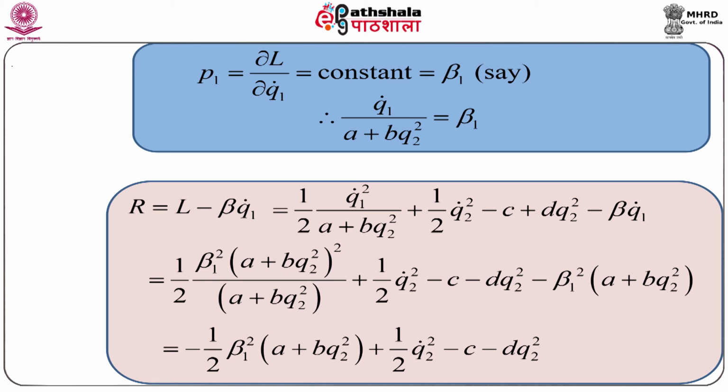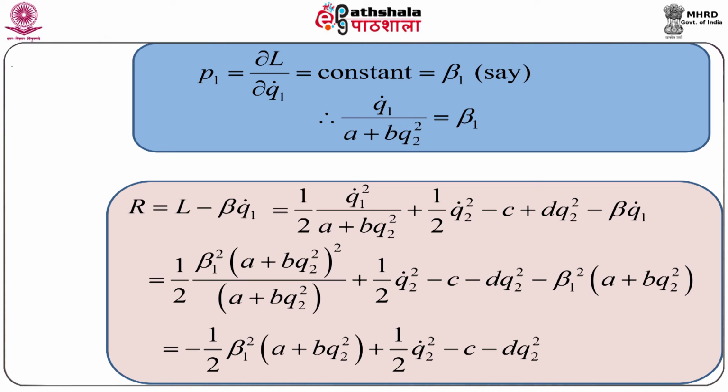q1 dot. On simplification, this gives capital R equal to half beta 1 square into a plus b q2 square, its whole square, divided by a plus b q2 square, plus half q2 dot square minus c minus d q2 square minus beta 1 square into a plus b q2 square.